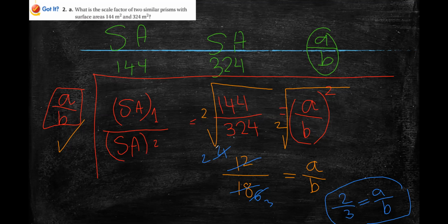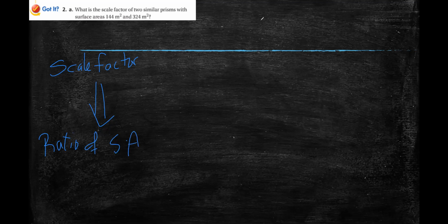So here I will repeat. If I give you the scale factor, by now we have two ideas. I give you the scale factor and I ask you to write the ratio of the surface area, and also I can ask you to write the ratio of the volumes.